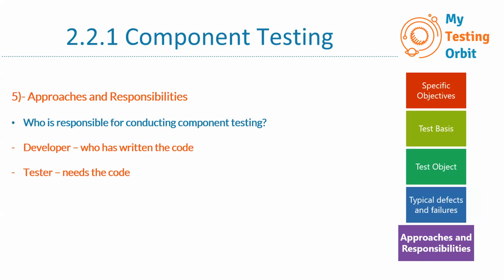He or she doesn't need a specific test environment for that. A local environment is more than enough, because all we are doing is testing individual components. It doesn't need an integrated environment at that stage, so it can be done on the local machine of the developer itself.